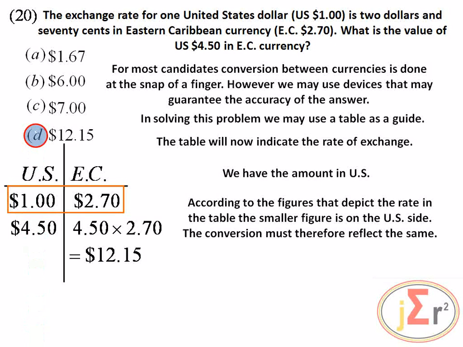So the table is used there for us to maintain consistency and also increase the likelihood that we would have calculated the answer correctly, by making use of the fact that if we are using this tabular form, every number that we have on this side should be less than its counterpart on this side, and every number that we have on this side should be greater than its counterpart on that side.